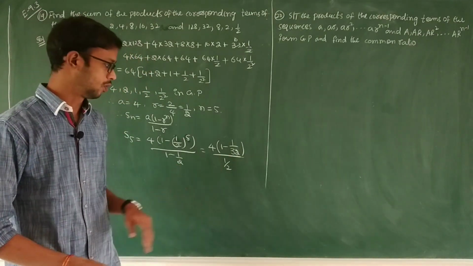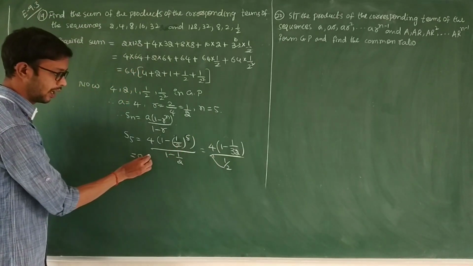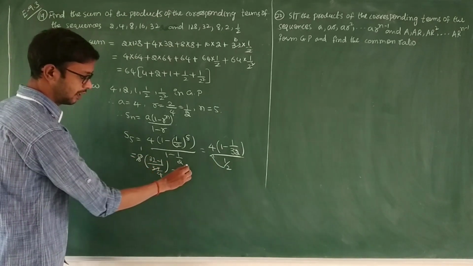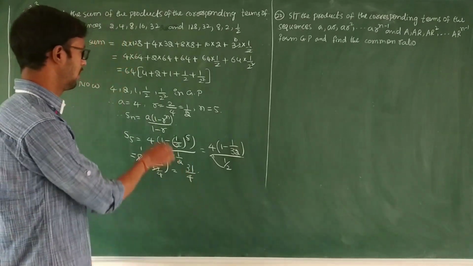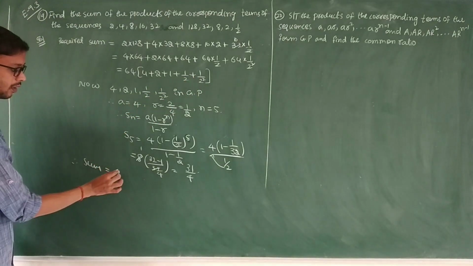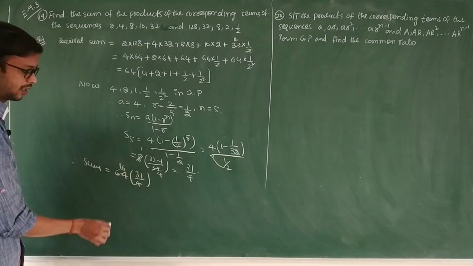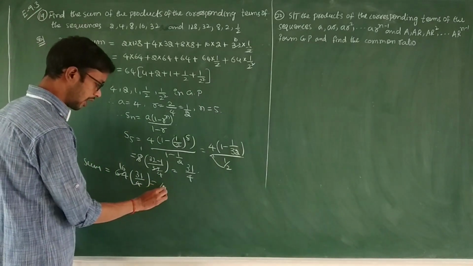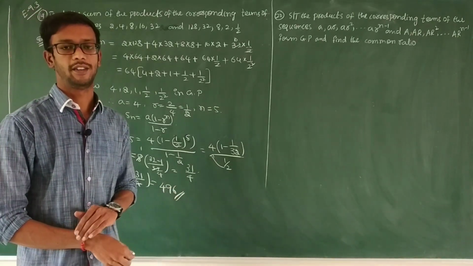So you get 8 into 31 by 32, the answer 31 by 4. Therefore, the sum is equal to 64 into 31 by 4, 16 into 31, which is 496.